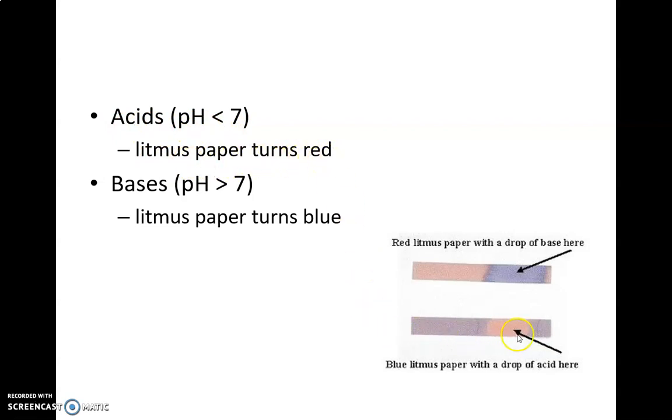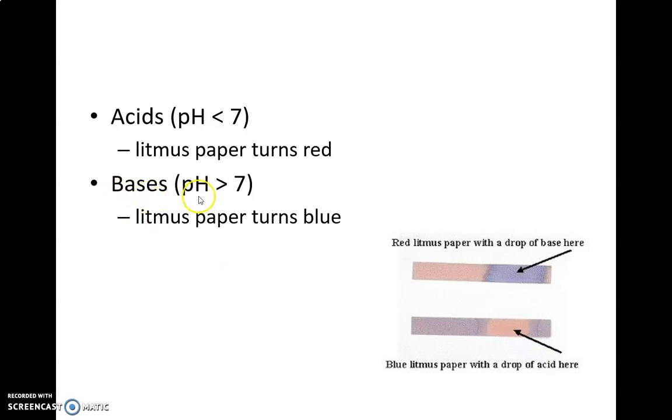So you can see here in this diagram, I've got a blue litmus paper, and if I put a drop of acid on this blue litmus paper, you can see that the litmus turns red. If I were to have a red litmus paper tested on an acid, then the red litmus paper would just stay red. There would be no color change.